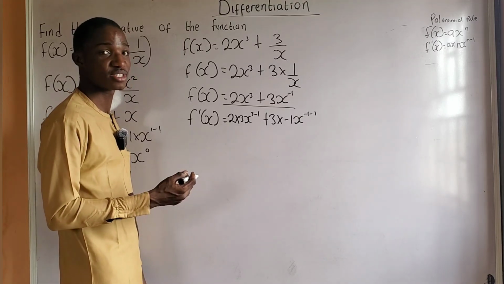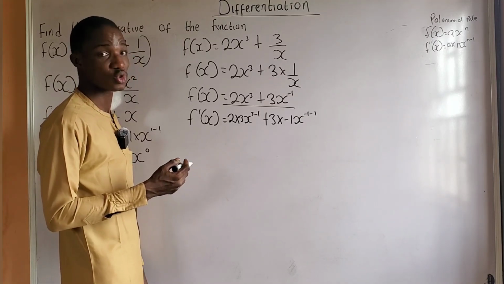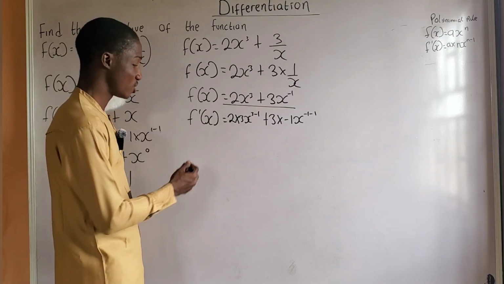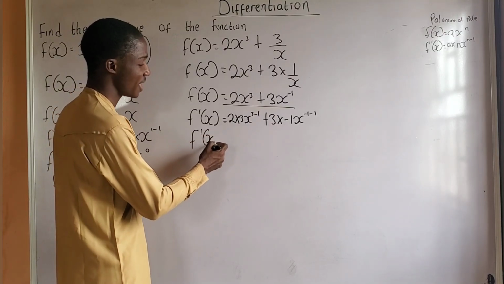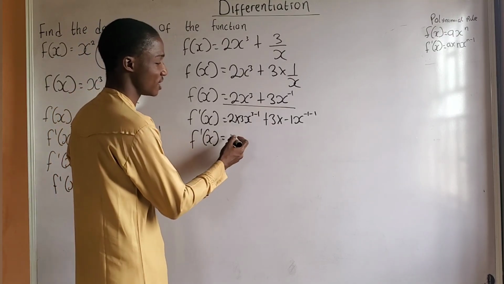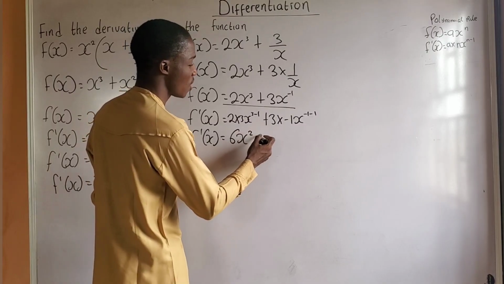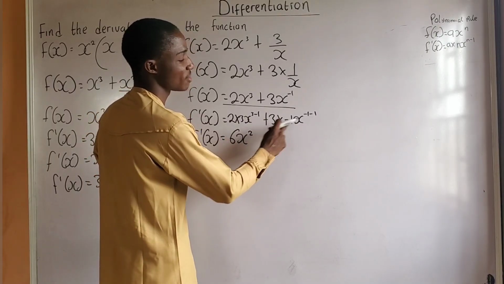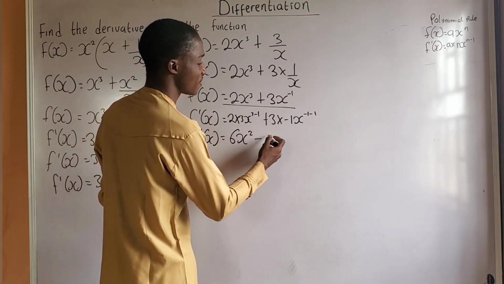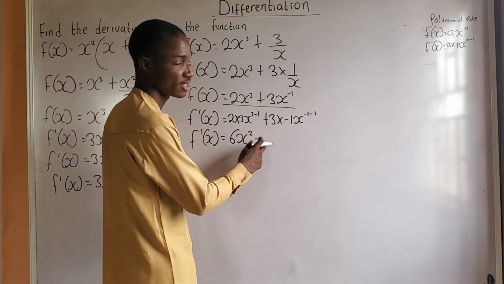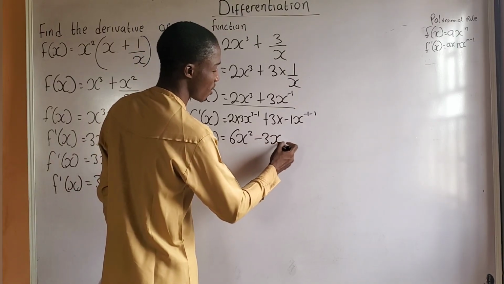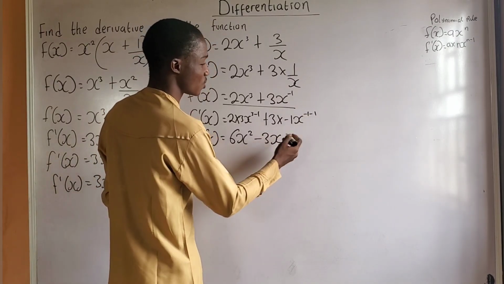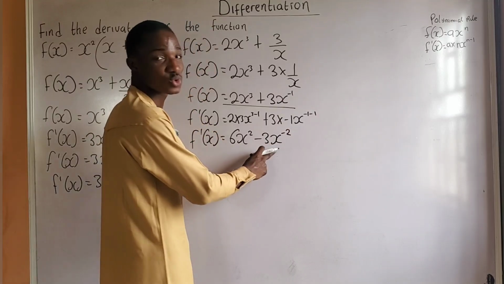Anytime you differentiate using the polynomial rule, you're going to subtract 1 from the power, okay? So for this, 2 times 3 is what? 6. I'm going to have 6x to the power of 2 plus 3 times negative 1. That is what? Negative 3, right? I'm going to have negative 3x to the power of negative 1 minus 1. That is what? Negative 2. So negative 3x to the power of negative 2.